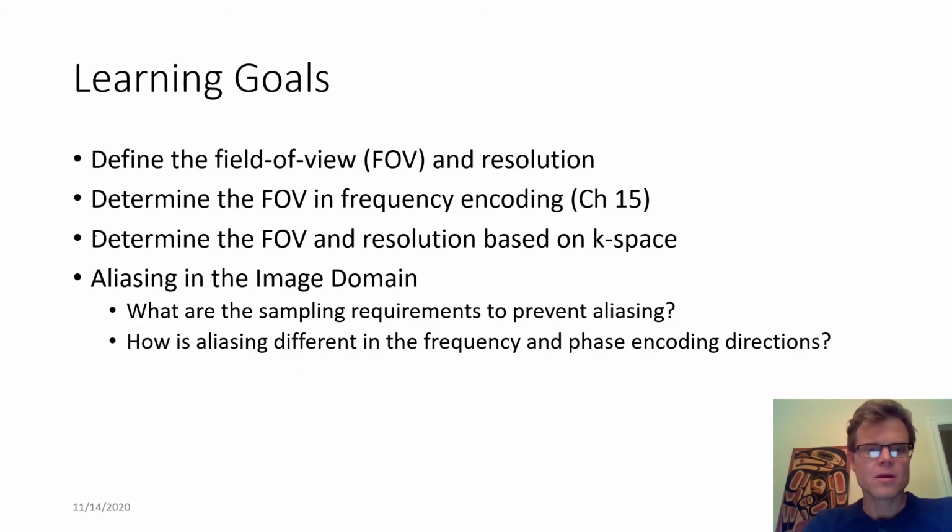And so with that, I hope you can understand both the definition of these terms, field of view and resolution, and then how these are calculated based on either frequency encoding or more generally using the k-space interpretation, and then how this affects aliasing. So what are our sampling requirements to prevent aliasing, and how is aliasing different in the frequency and phase encoding directions? Okay, thank you for watching.